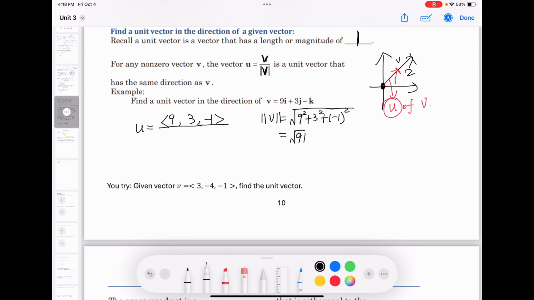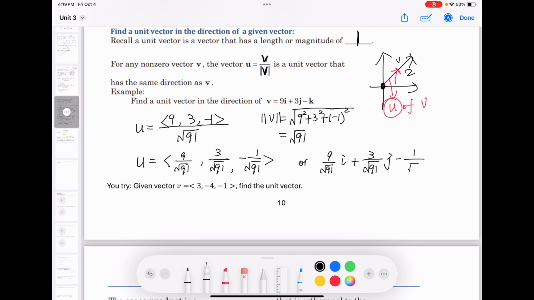Square root of 91. So the bottom is the square root of 91, and every component is divided by the square root of 91. So the unit vector is 9 over root 91, 3 over root 91, and -1 over root 91. You can also convert it to the ijk form, which is 9 over root 91 i plus 3 over root 91 j minus 1 over root 91 k.